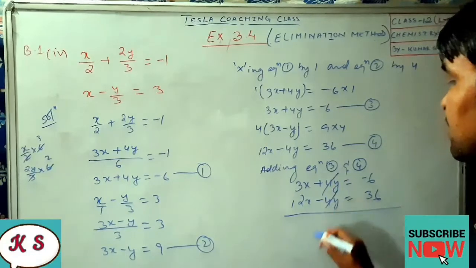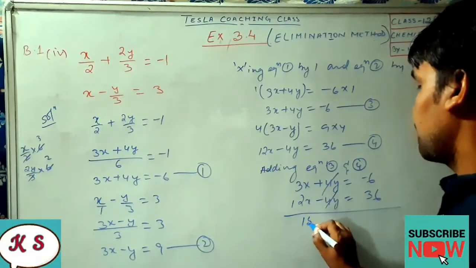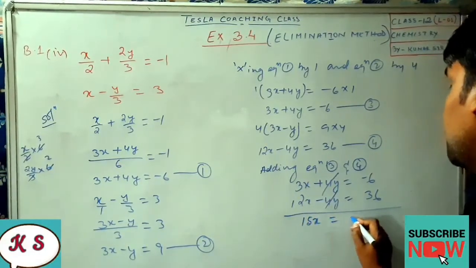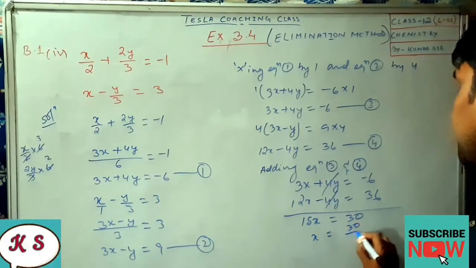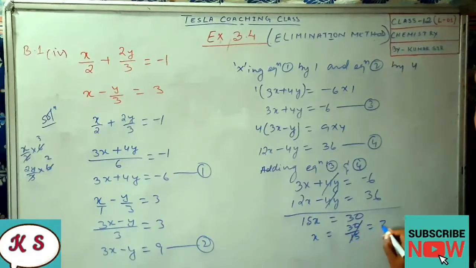So it will be cancelled, and this one it will come to 15x equal to 30. So x is equal to 30 divided by 15, which is equal to 2. So we got the value of x, how much? 2. Now this value of x we are going to substitute in any one equation, and we will get y.